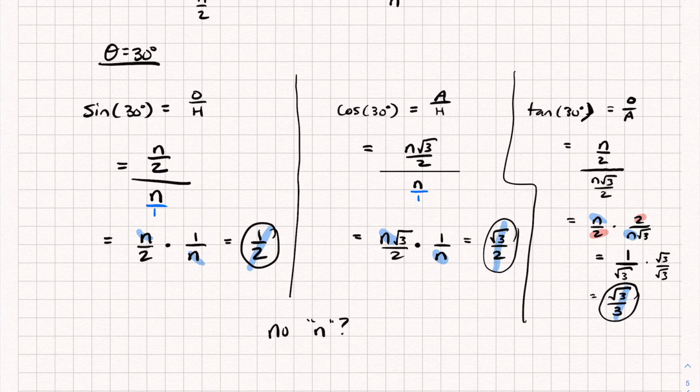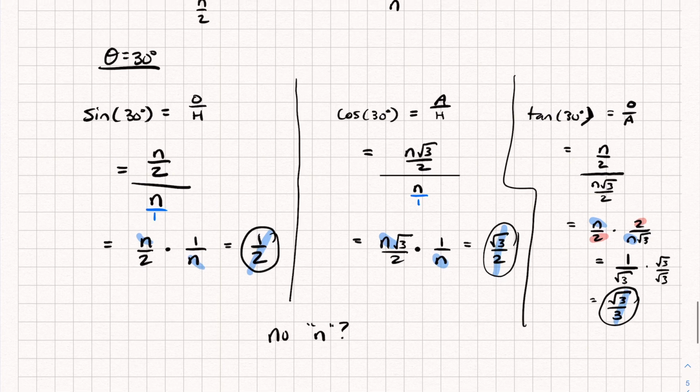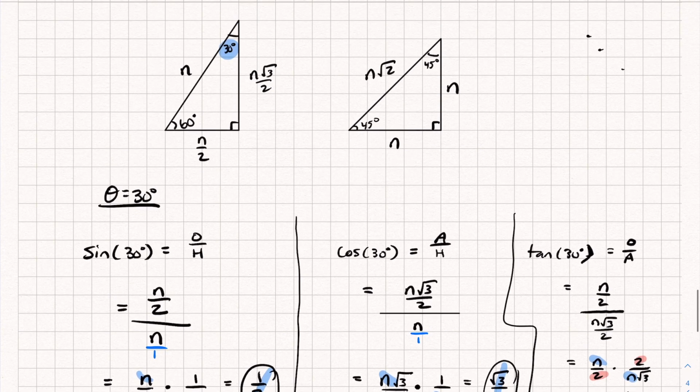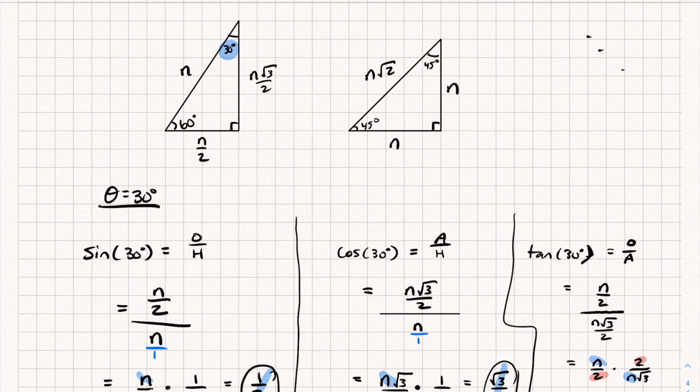Well, take a look at my triangle. Notice what does each side have? If each sine, cosine, and tangent is all about setting up a division problem, some kind of ratio between one side and another, if every side has an n in it, those n's will always eliminate.